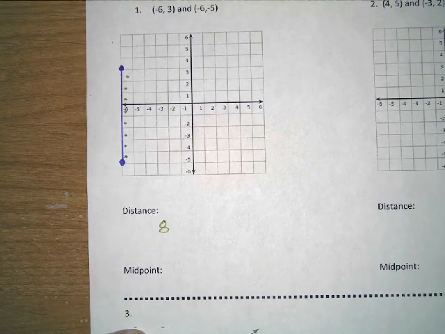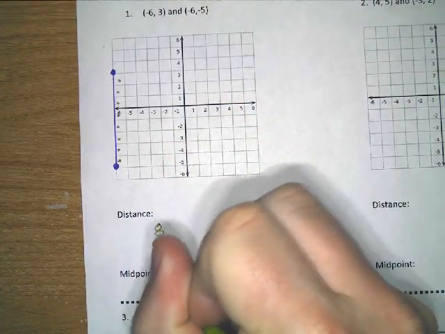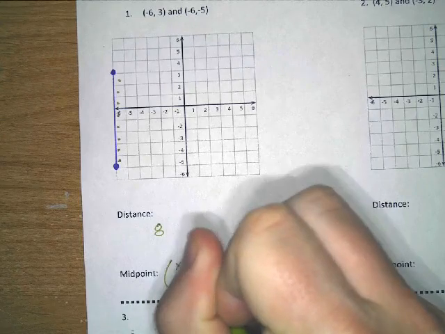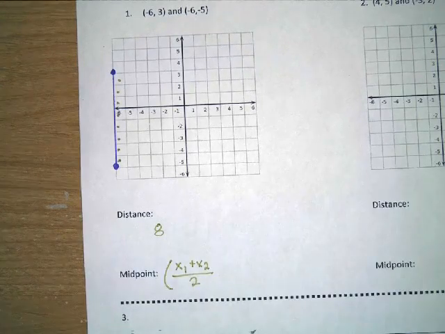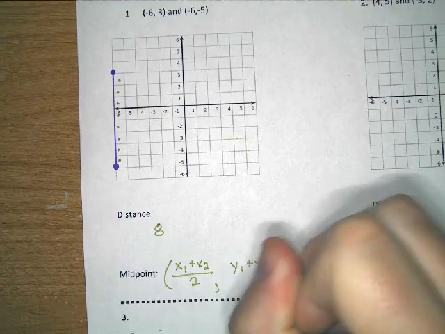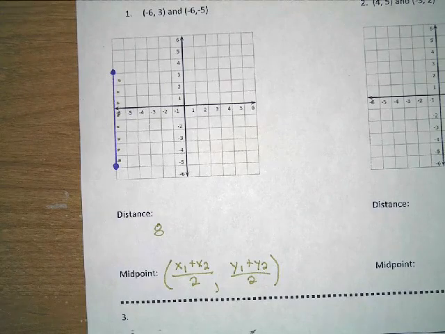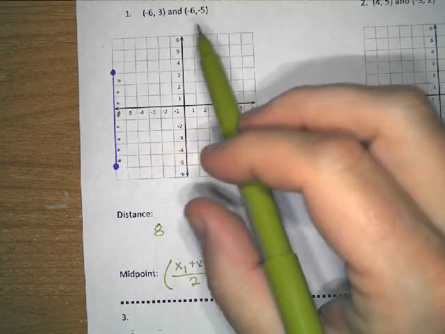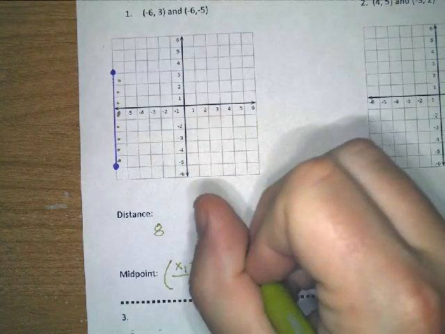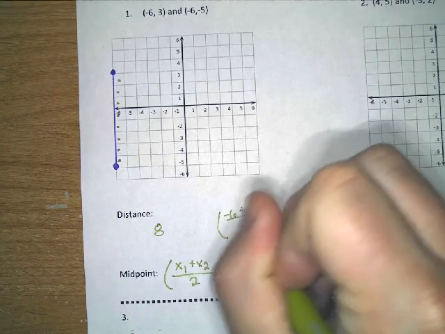Now for the midpoint formula, we're going to average our x's, then average our y's. Our x coordinates are -6 and -6. So -6 plus -6 divided by 2.